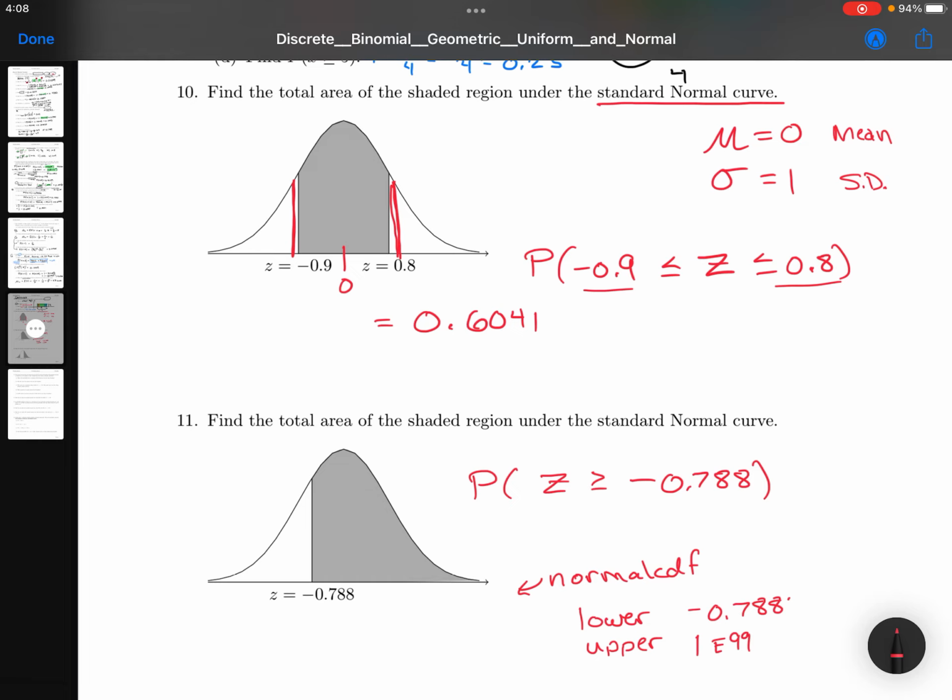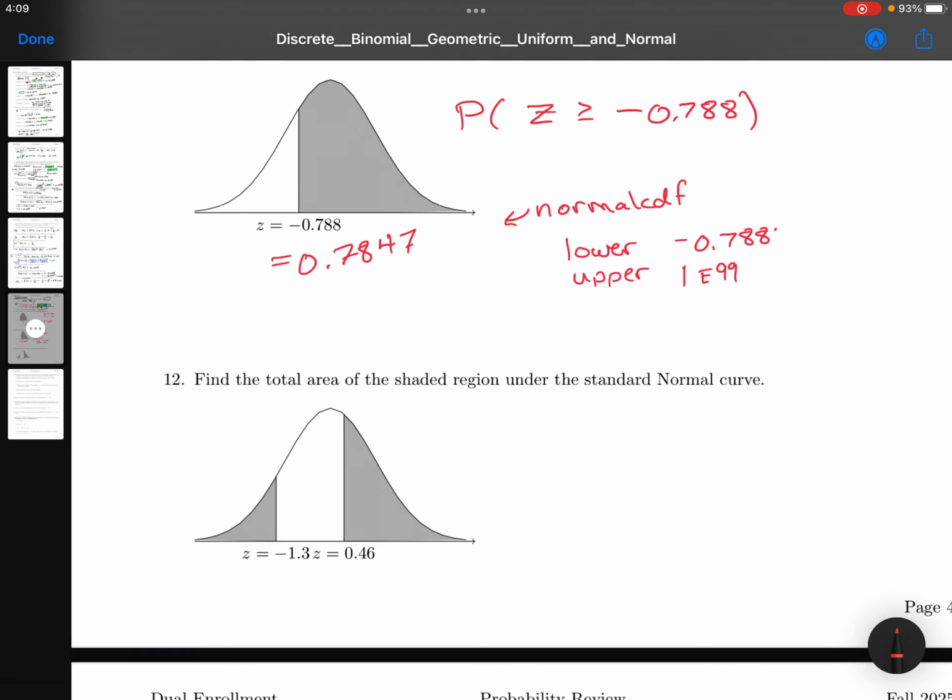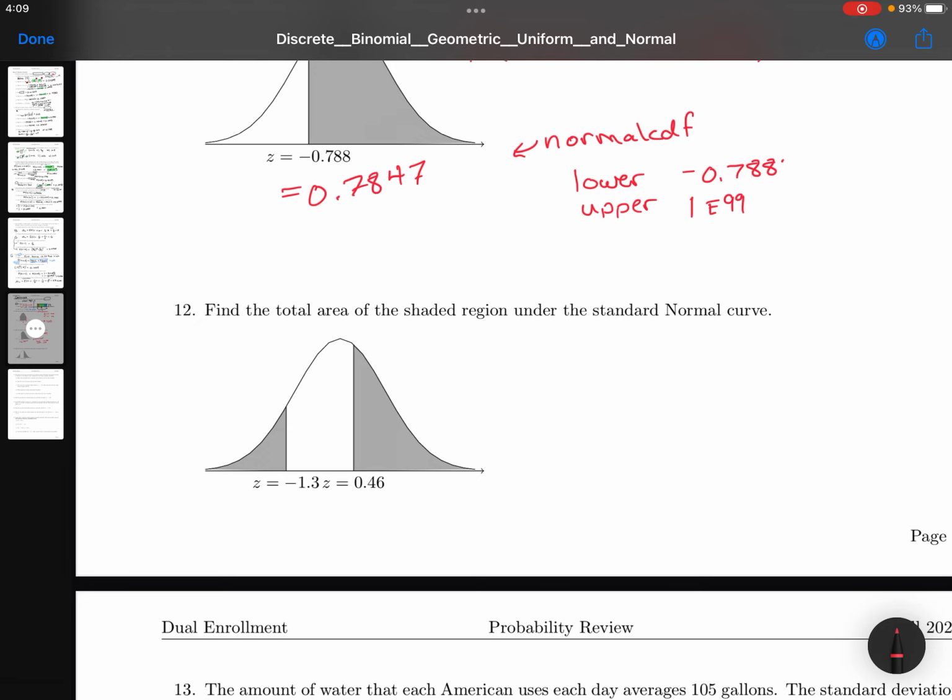Okay, that's not too bad. All right, we said it was close to 2/3. It's bigger than that. It's 0.7846. Oh, that rounds to 47. Perfect.